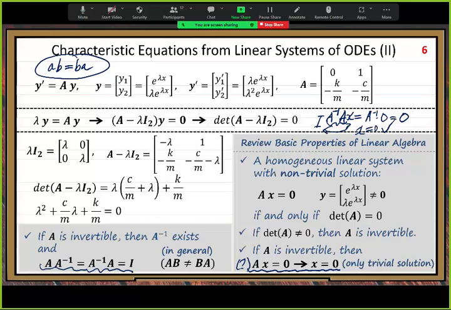So you don't need to go back to some higher order ODE; just calculate it directly. So that's this topic, characteristic equations. Later, when we have a linear system ODE, frequently we need to calculate the characteristic equation. We use the determinant way to do the calculation.